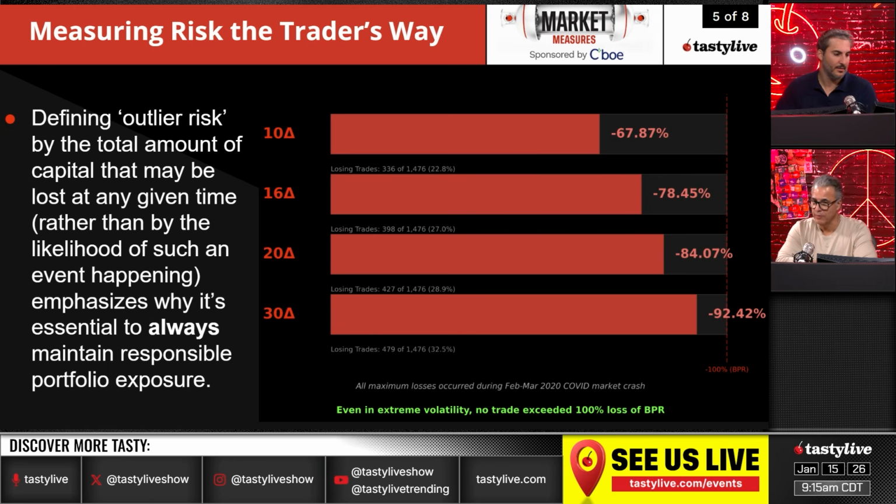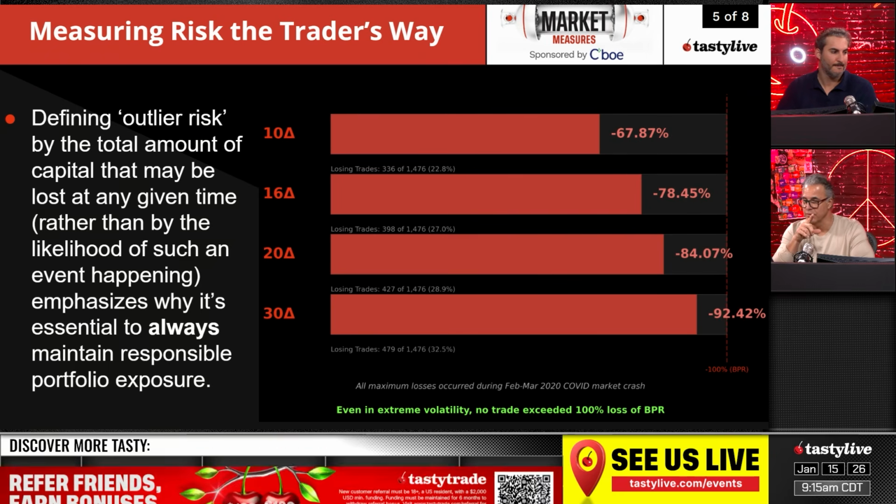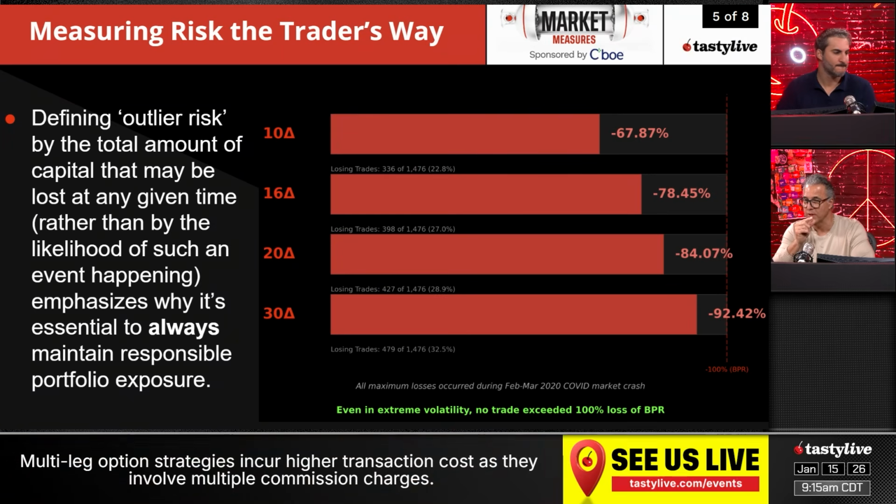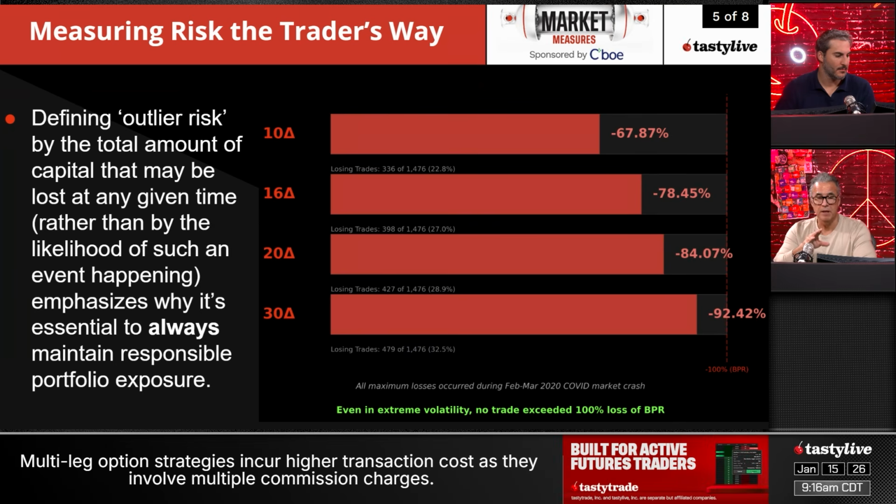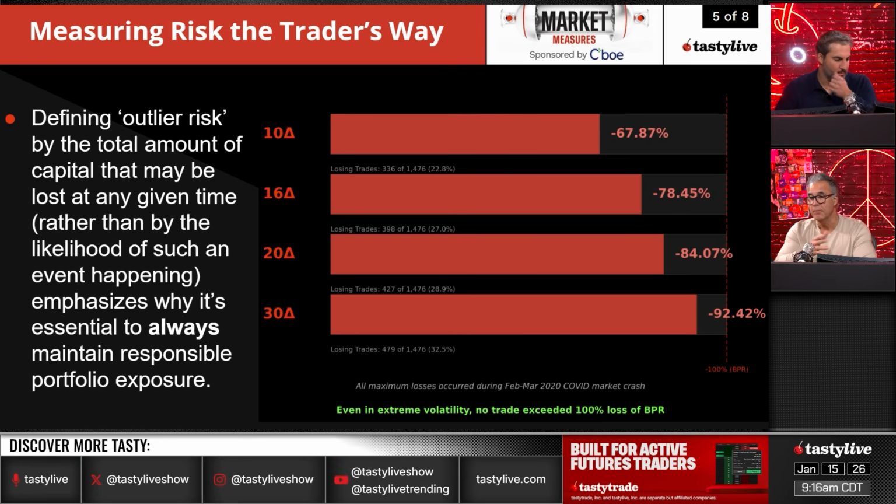And this is where size kills too, because once you go to that lower delta, you're actually using less buying power. That buying power can change, not exponentially like in a futures option, but it can change as you get closer to the money too. So you have that issue also: 1 contract versus 2, or 1 versus 4, etc.